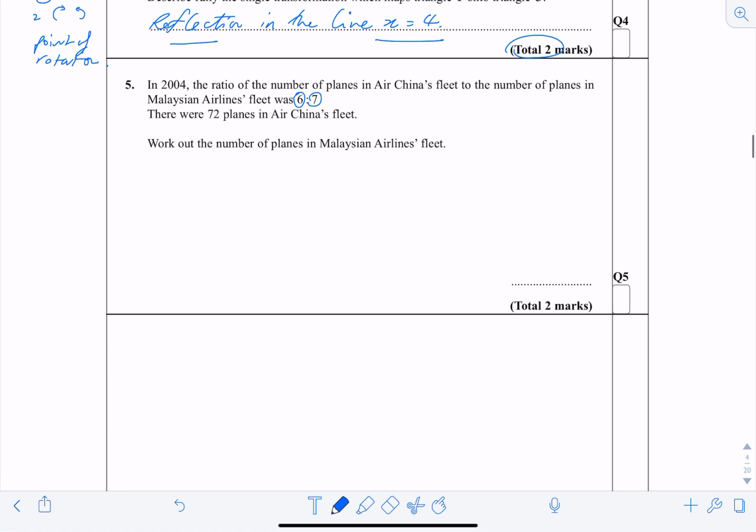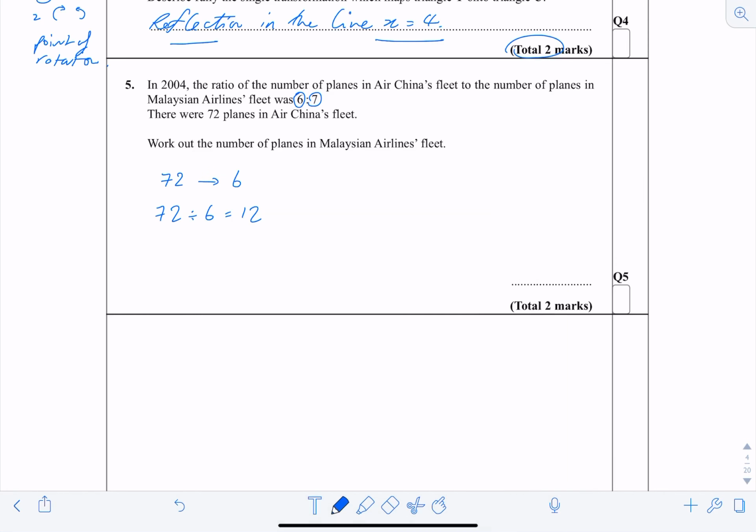So what am I going to work out? Well, 72 is going to be some multiple of 6. I don't know what, so I'm going to work out 72 divided by 6, and that equals 12.